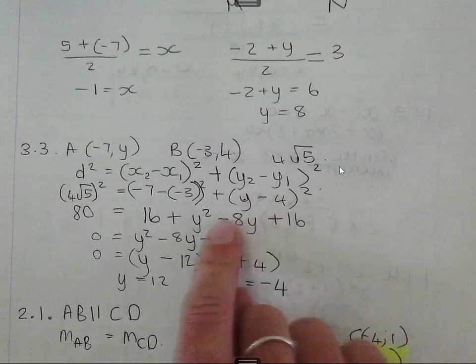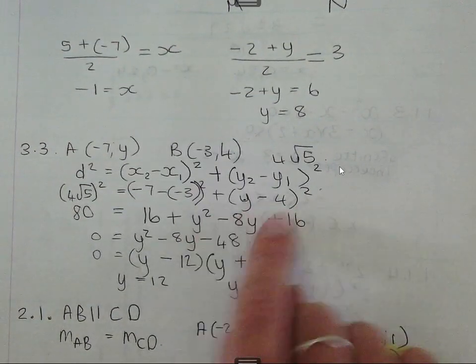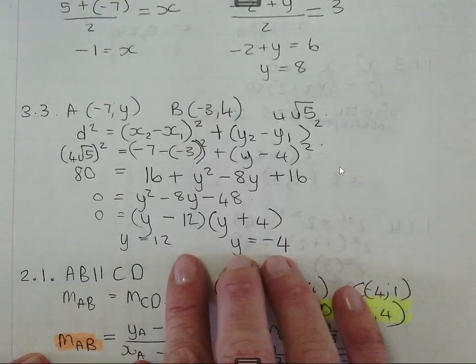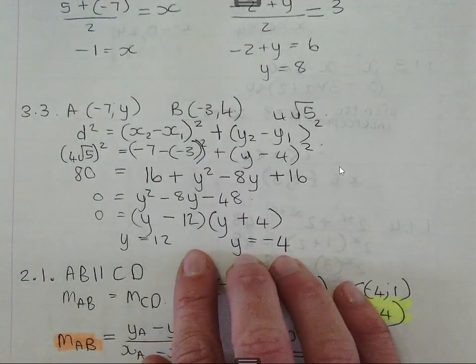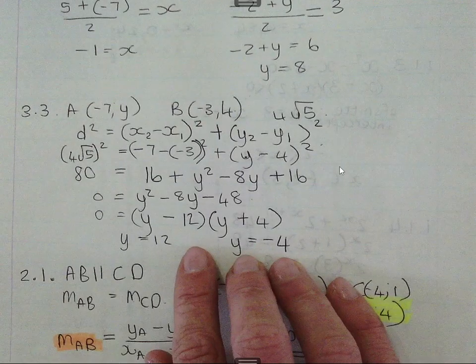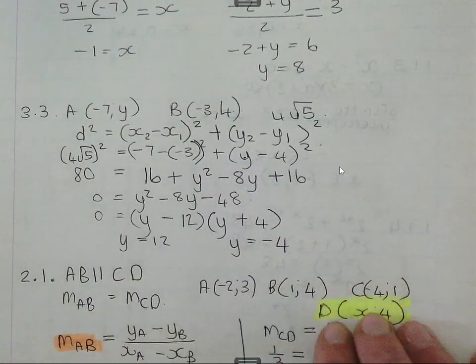Did you do it correct? Okay. Remember, 2 terms squared becomes 3 terms. And then you get your two answers, 12 and -4. Now, they didn't indicate any more information on where this point is or whatever, so you gave both answers.